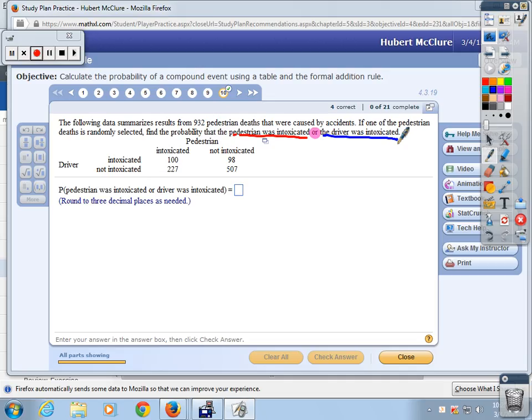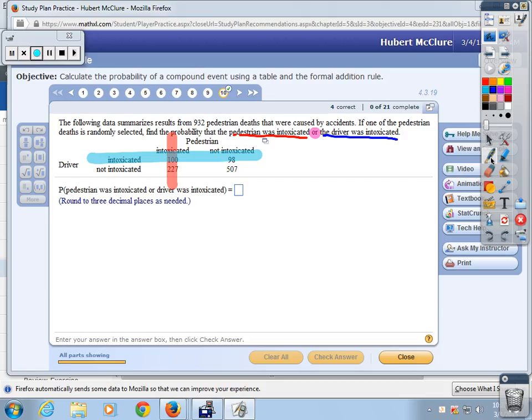So that means if you put all these people's names and their condition on a piece of paper and put them in a hat, shake the hat up, they want to know the probability, if you pick one slip of paper out of that hat, of it being either the pedestrian or the driver being intoxicated. What you do is take the red highlighter and highlight pedestrian was intoxicated. Then we take the blue highlighter and do the driver was intoxicated.